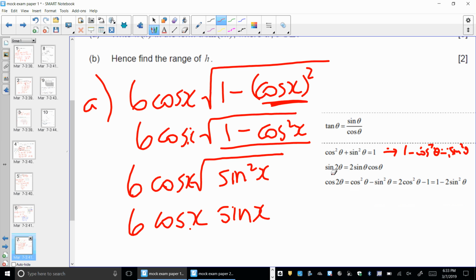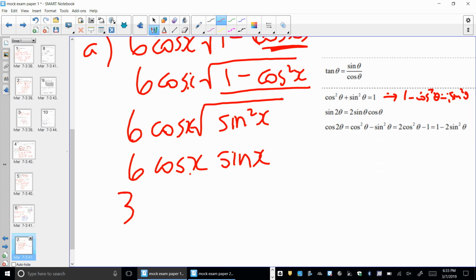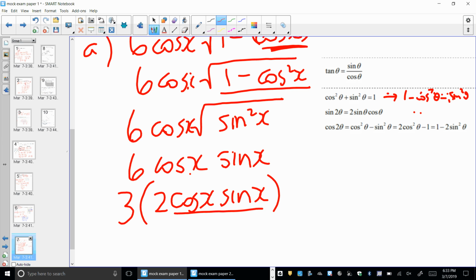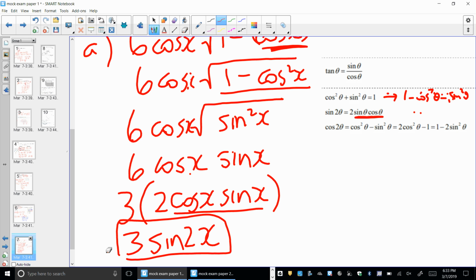If we're saying change it to a sine something x, that looks like this one here. Can we change it to look more like this? Well, you can say that it's 3 lots of 2 cos x sine x. Now I'm assuming you're all appreciating that cos x sine x is the same as sine x cos x because they're multiplying, so the order doesn't matter. So instead of writing 3 lots of 2 cos x sine x, we can write 3 sine 2x. And there we go. We've written it in the format that they wanted.